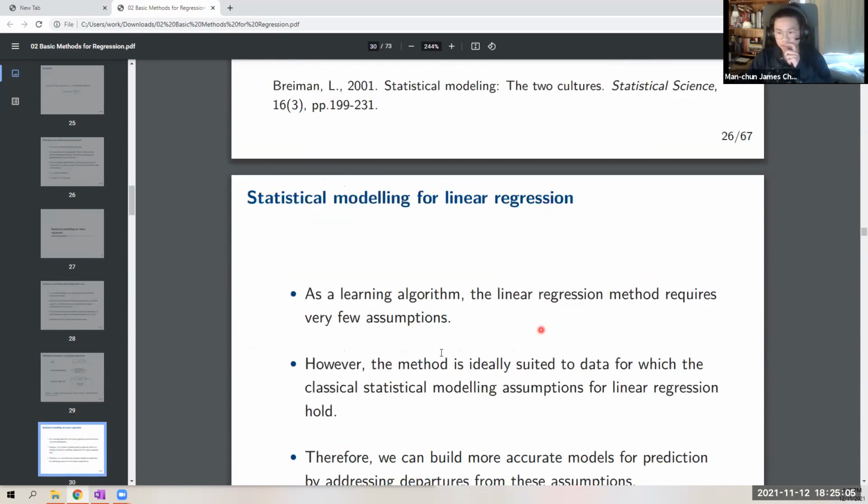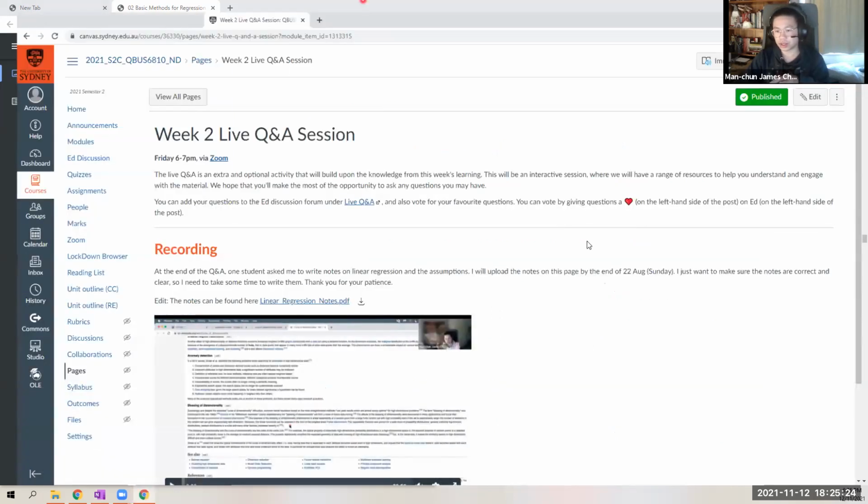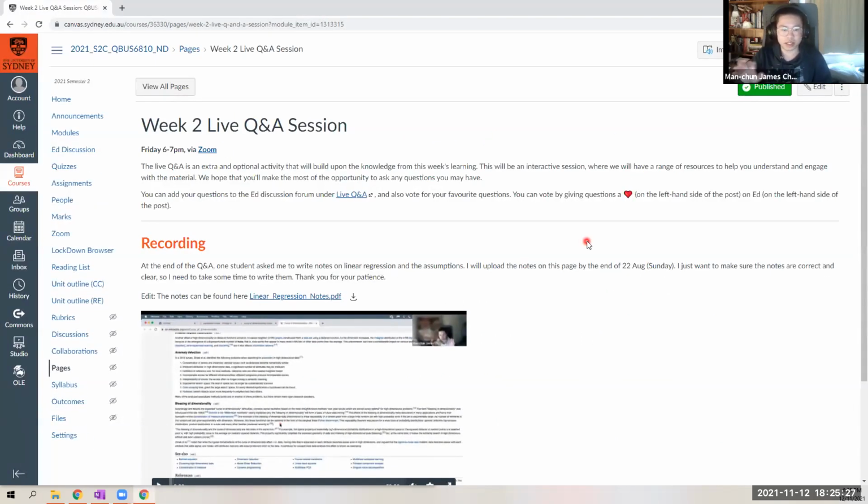Okay, and then here, there is a lot of intricate stuff, like the classic assumptions of linear regression. I'm not going to go through this because I need to be a little bit more careful with this.